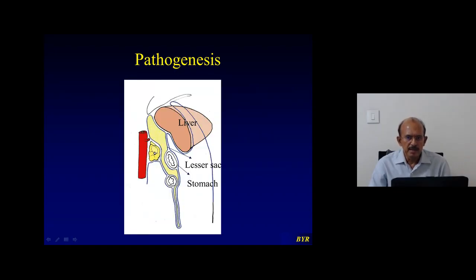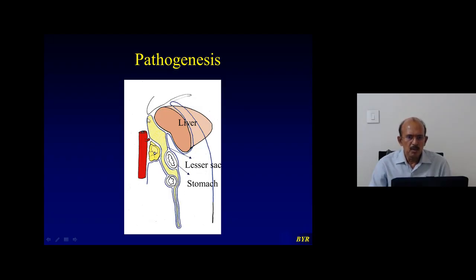So this is the pancreas. This is the lesser sac. Already I told you about the boundaries of the lesser sac. Anteriorly it is bounded by the left lobe of the liver, then the gastrohepatic omentum, then the posterior wall of the stomach, then the anterior layer of the greater omentum.